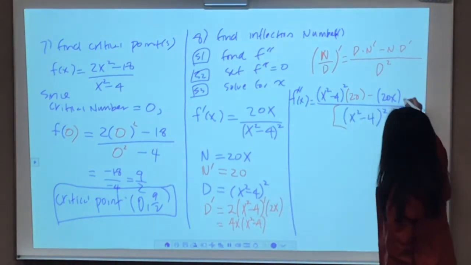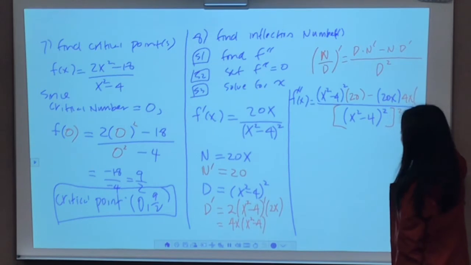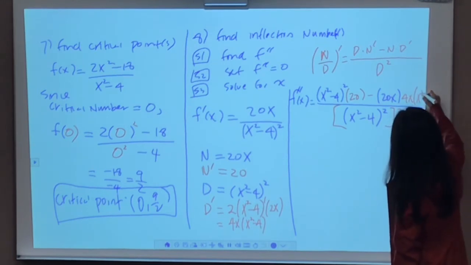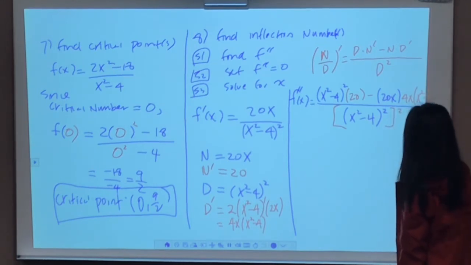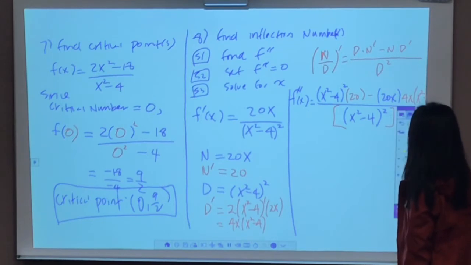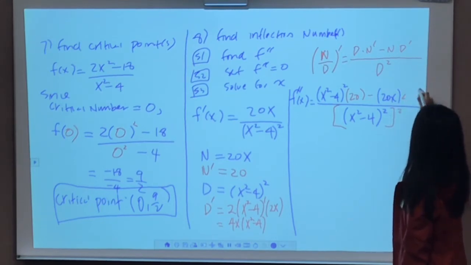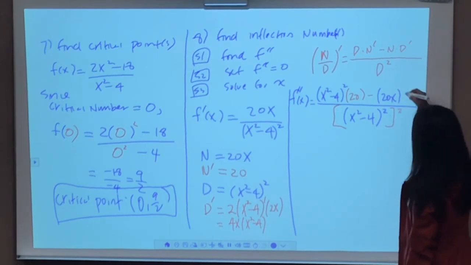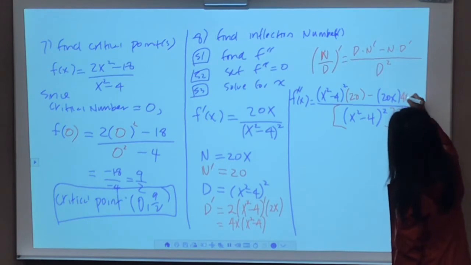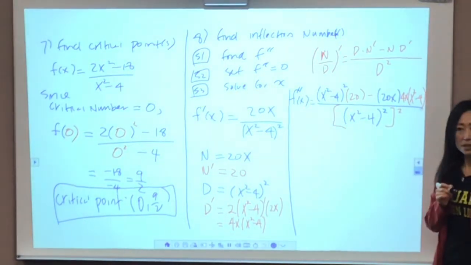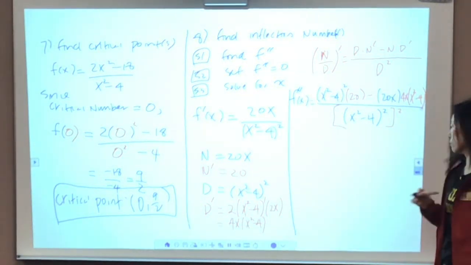Is everybody with me? So 4x and then x squared minus 4. Oh, we cannot see it. Hold on. Okay, there we see it. Is everybody with me? So far, so good?